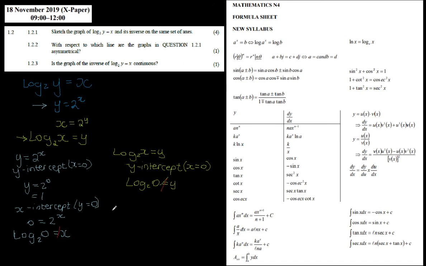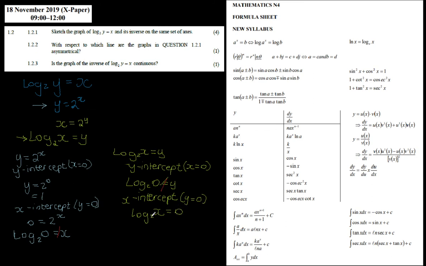So then the next step was the x-intercept of this graph. The x-intercept will then be log base 2 of x equals y, which is 0 if I'm doing my x-intercept, equals 0.